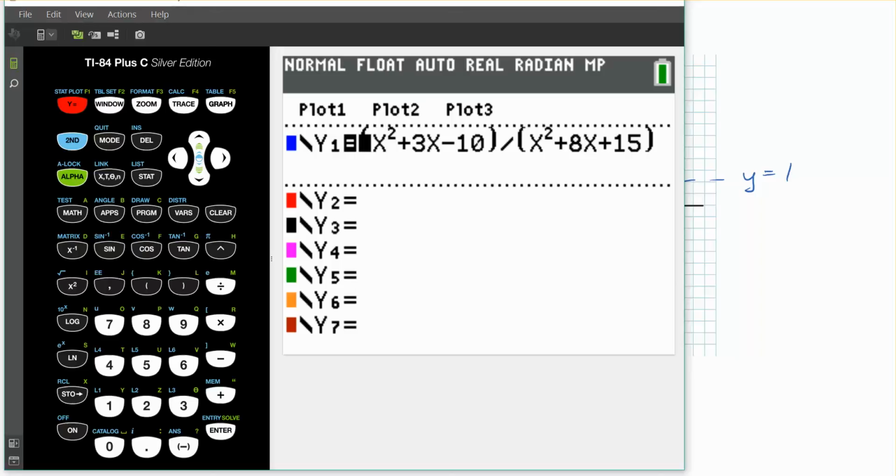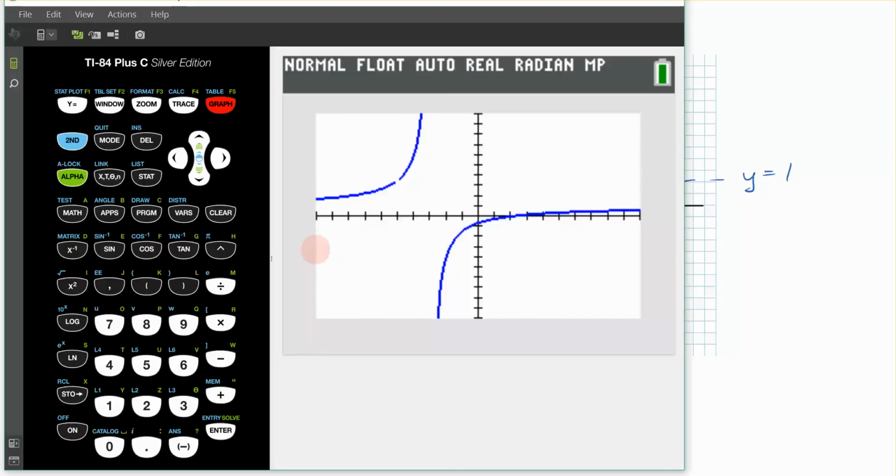But I want you to see that by graphing the entire thing, I actually find that hole, because this is the coolest thing on my calculator with this operating system. You might have a TI calculator, but it may not show this hole if you don't have an updated operating system. But you can see there's this little blank spot up here.